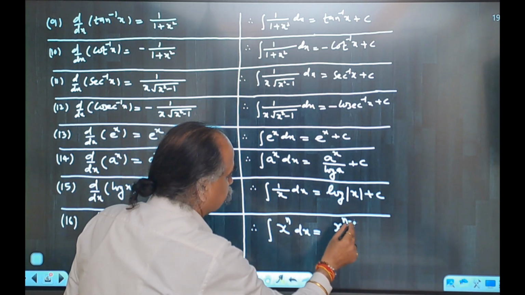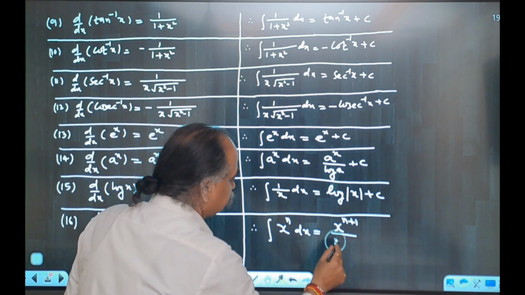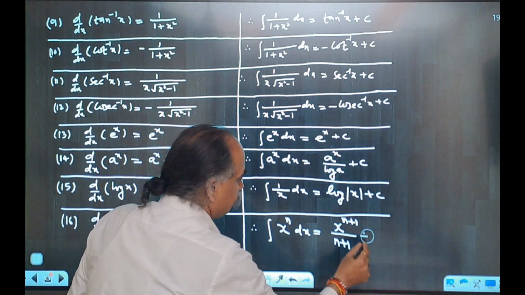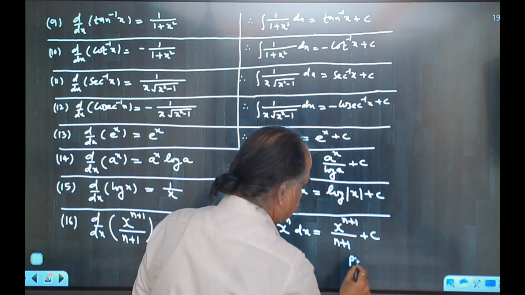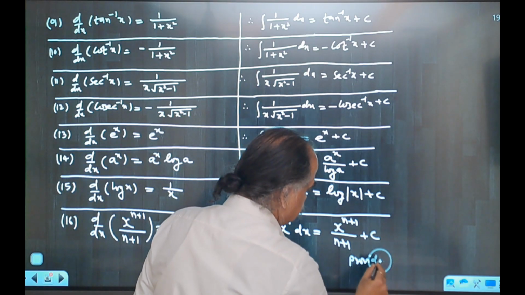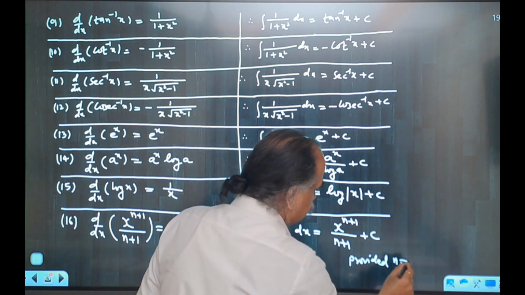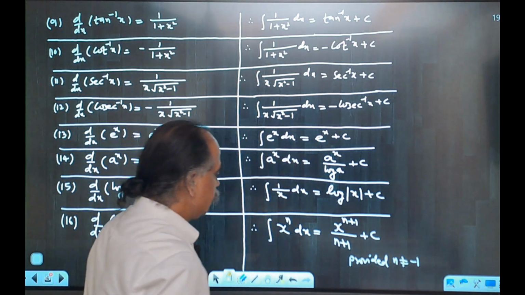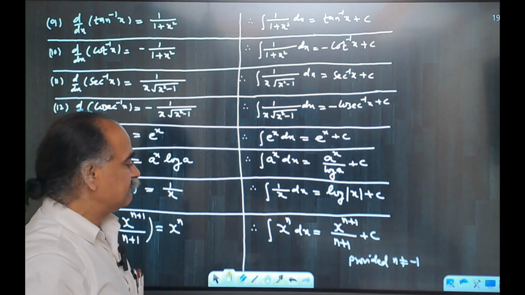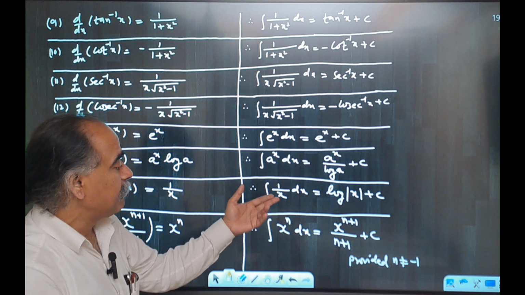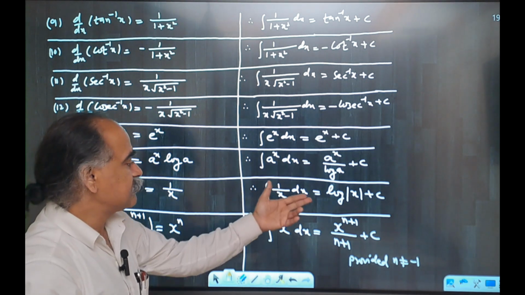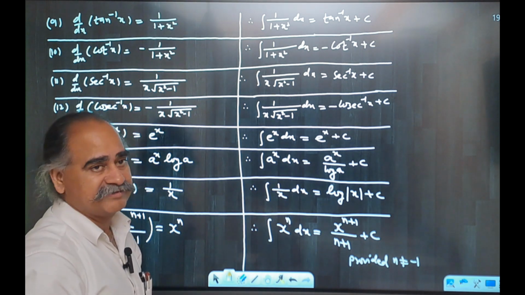X raised to n plus 1 upon n plus 1 plus c, provided n should not be minus 1. What will happen to integration when n is minus 1? Then it will become x raised to minus 1, which is nothing but 1 upon x. And integration of 1 upon x is what? Log of mod x.